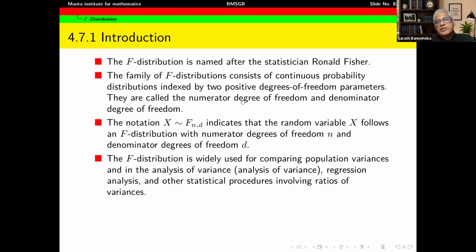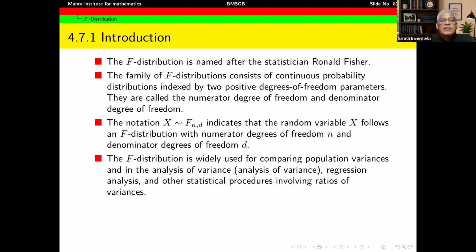So let us start with the introduction. The F distribution is named after the statistician Ronald Fisher. So F comes from Fisher. The family of F distributions consists of continuous probability distributions indexed by two positive degrees of freedom parameters.